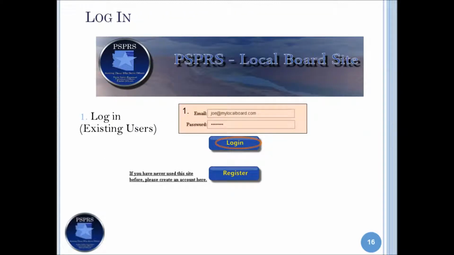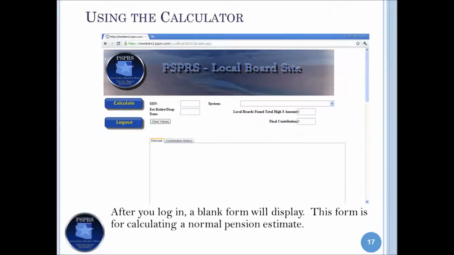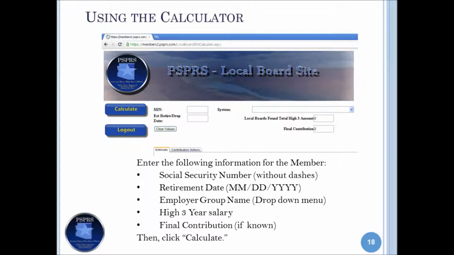So if you log in at this point, you put in the email address and the password we talked about and hit login this time instead of register. And you put in the person's Social Security number, the retirement date, the employer group, at least the one you're working for, the high 3-year salary, and the final contributions, then hit calculate. See where it says local boards found the high 3 years?